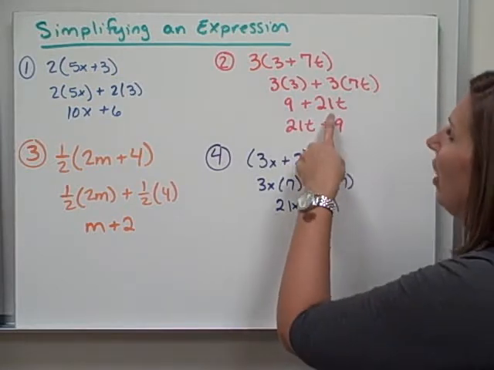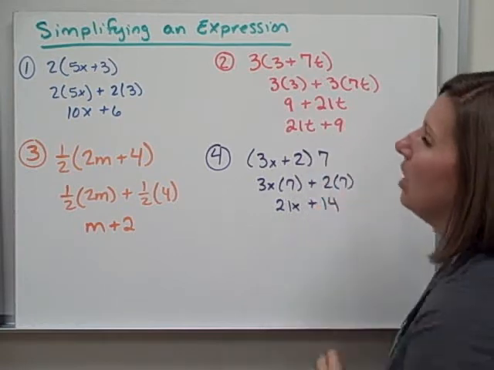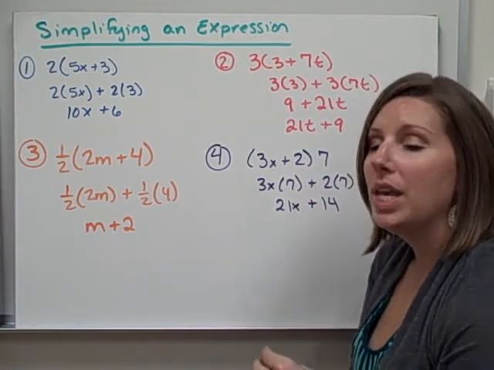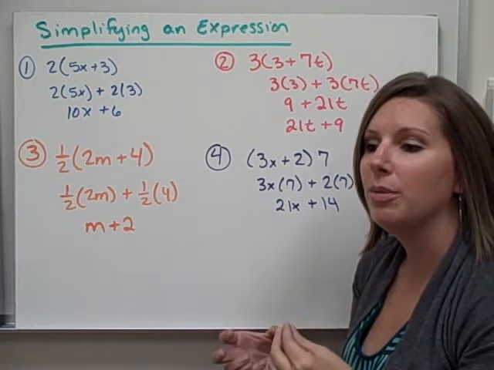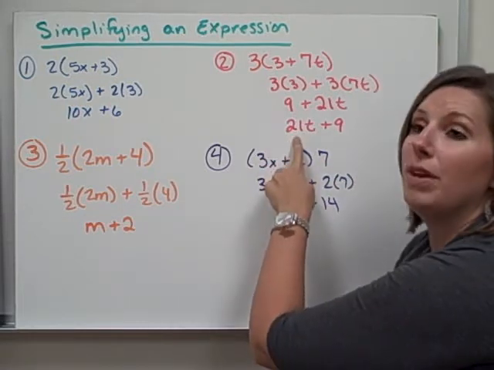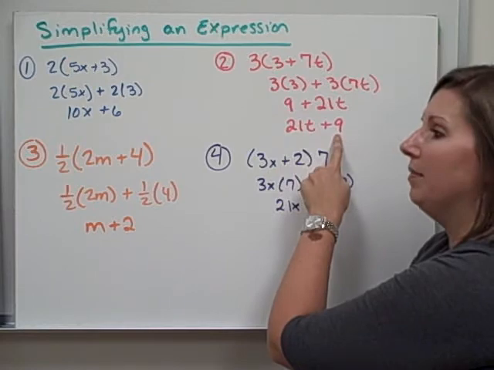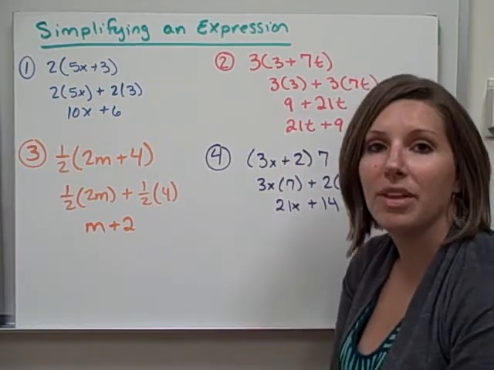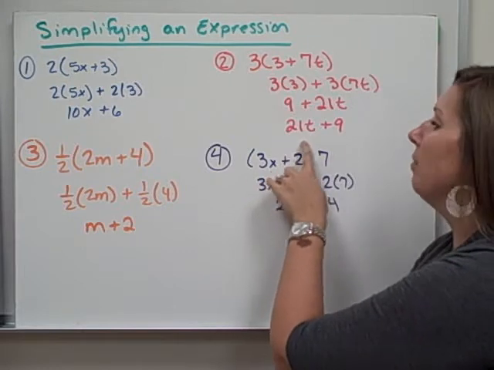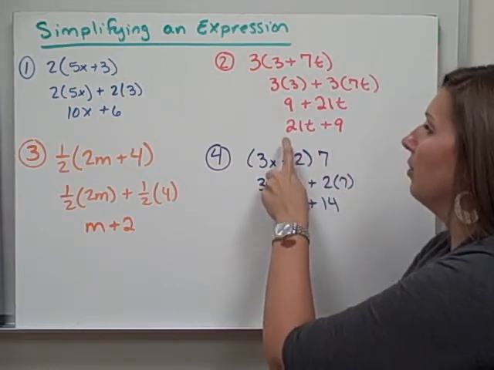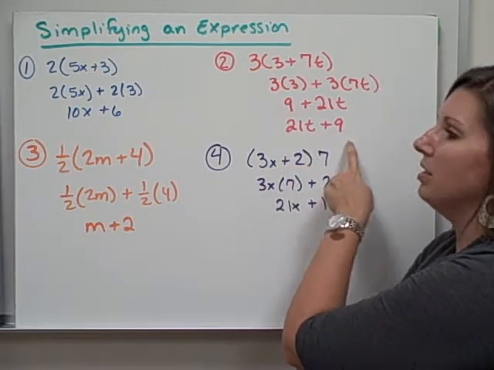So altogether, I would have 21 t's. What I'll explain to you in a little bit is when we write our final answer, we want our terms with our variables to come in front of the constant. That's just the commutative property of addition that I'm using. So I'm going to rearrange these 2 terms, and I'm going to have my final answer read 21t plus 9.